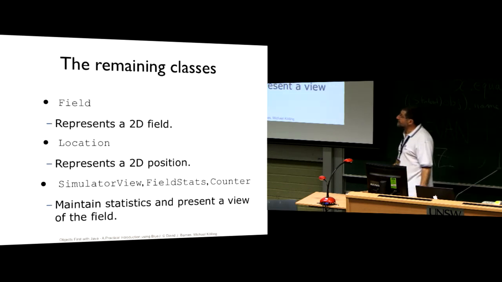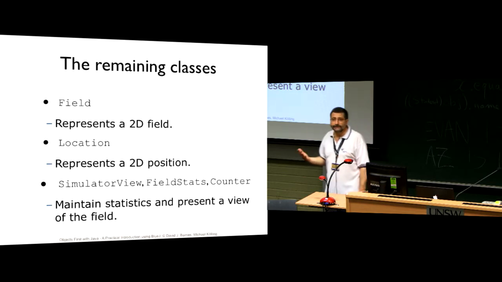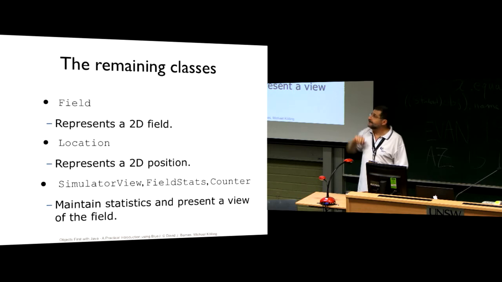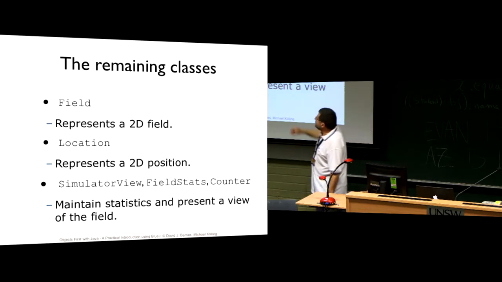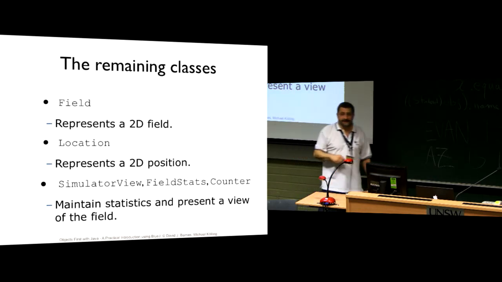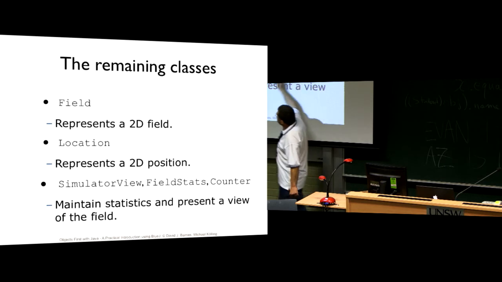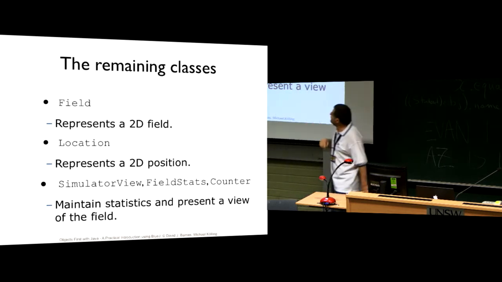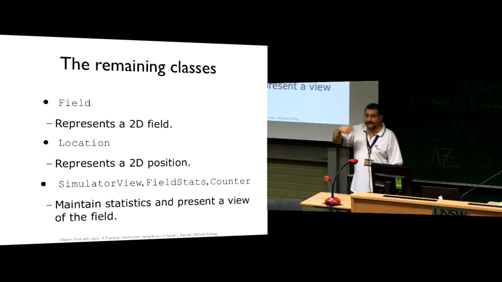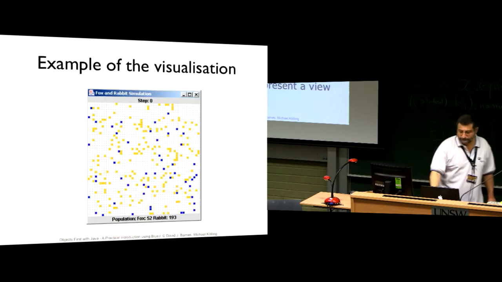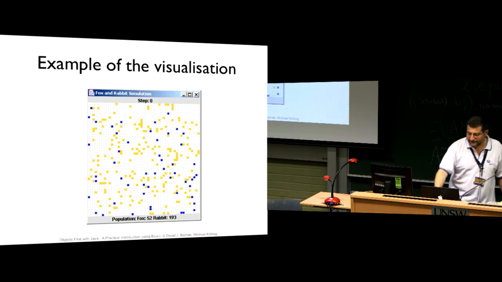The field is a class that contains a two-dimensional array, which corresponds exactly to what we saw on the screen. The location is another class, which is the XY position in the field. And then these other guys, like I said, are mostly just to maintain the graphical interface. All right, so that's what we saw.